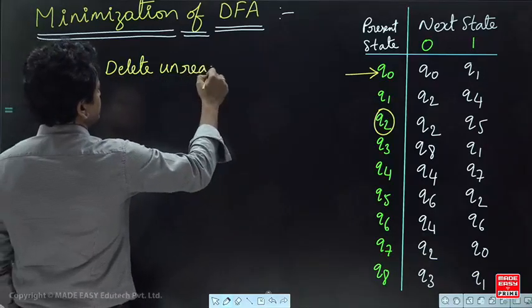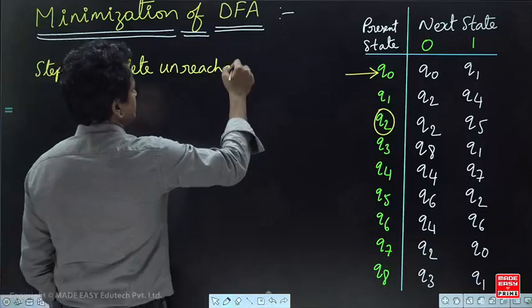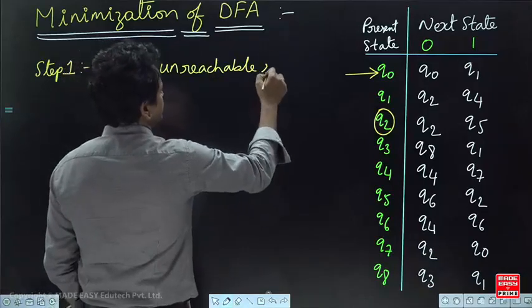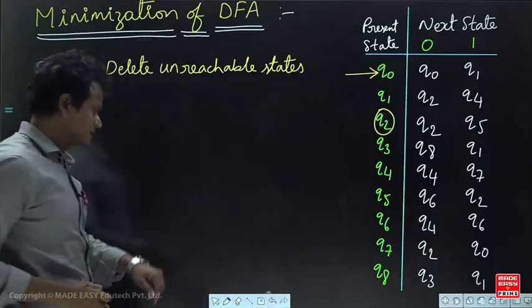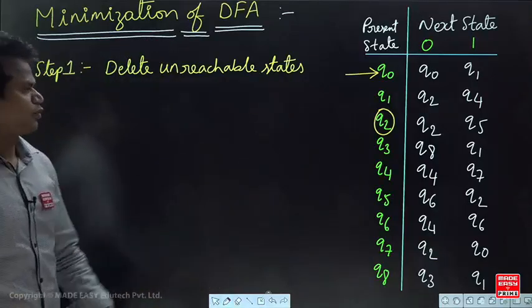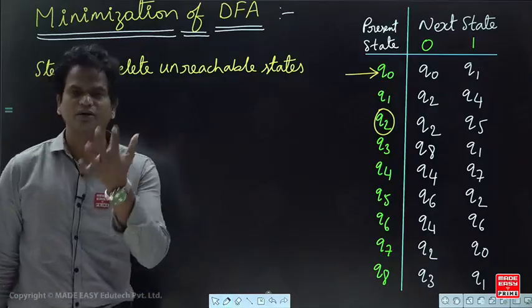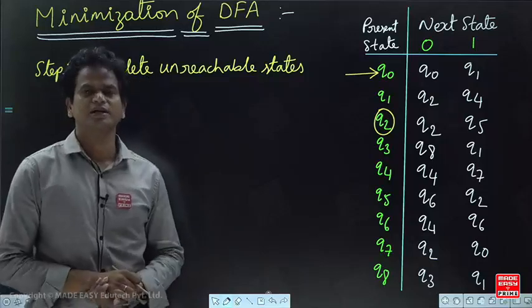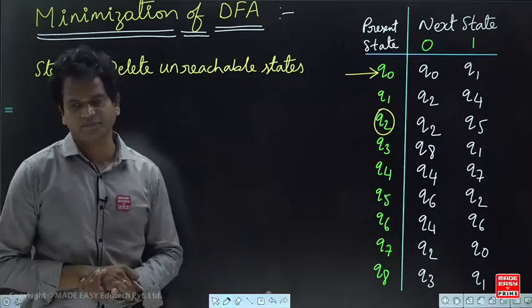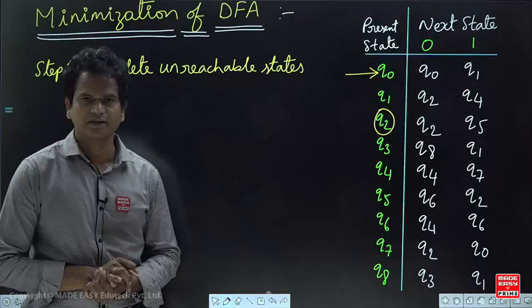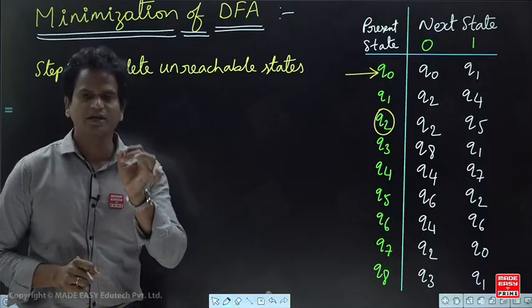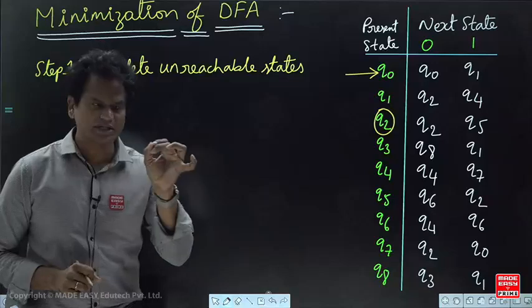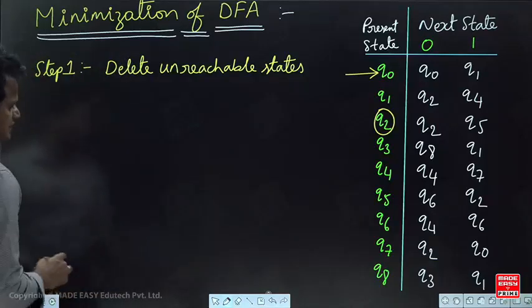Delete unreachable states means whatever states you cannot reach from the initial state, you delete all of them. Are you following? That is the first step.